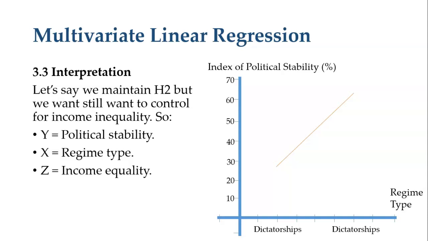If you have a numeric control variable, you hold it constant at its mean value, okay? And if you have a qualitative or categorical variable, you hold C constant at its median value, okay? So let's say that we hold constant income equality at its median value.